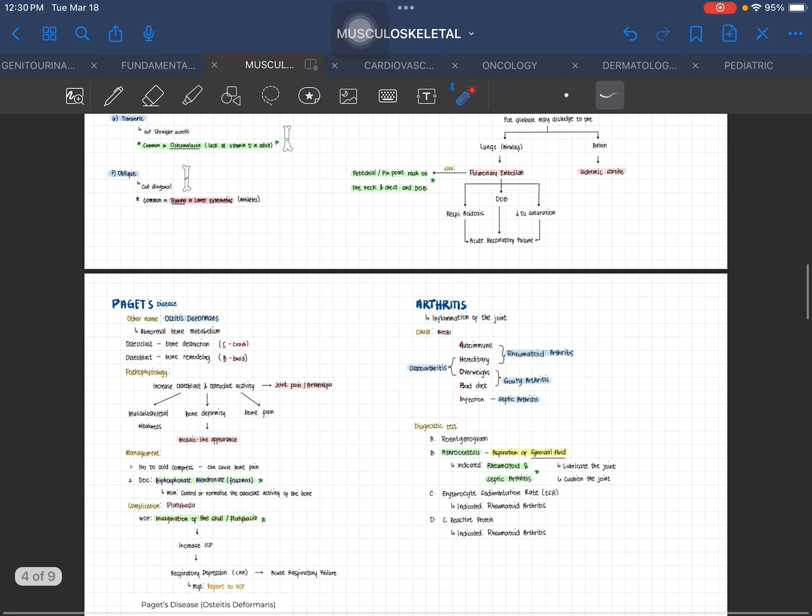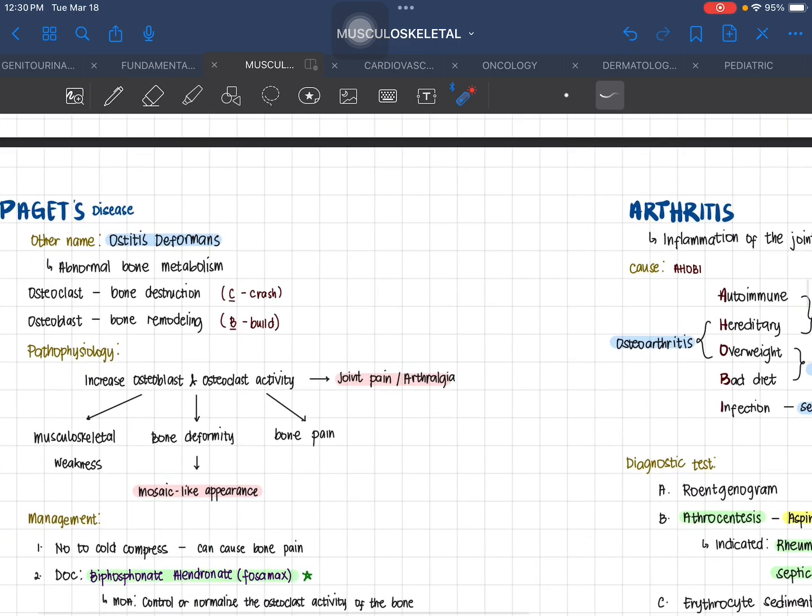Let's recap. Paget's disease, or osteitis deformans, is abnormal bone metabolism. The bone metabolism is increased. Osteoclast, which is the bone crushing or bone destruction, is increased. Osteoblast, or bone building or bone remodeling, is also increased.